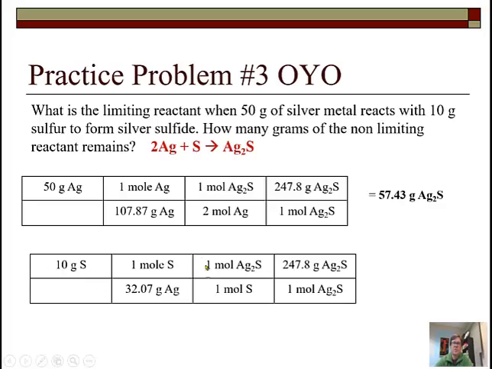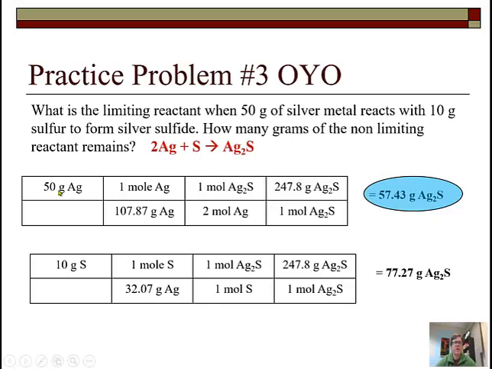It's a 1-to-1 ratio. And look at this, even though we started with less sulfur, it's going to give us more. So the amount of silver sulfide that we actually produce is going to be the less of the two, and that's 57.43 grams. Okay, that's the answer to part 1, how much we're going to produce. Because once this 50 grams of silver is used up, the reaction stops.